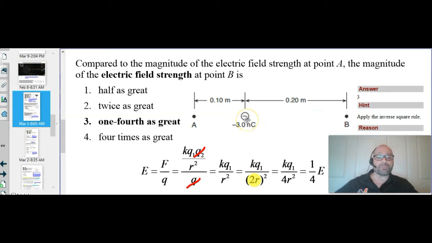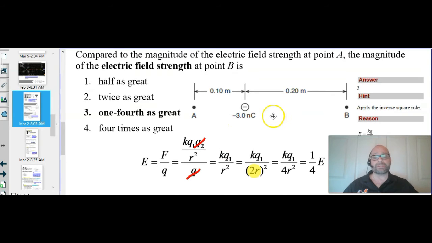So the strength of the field depends on the distance, really the inverse square. So what we have is 0.1 to the left and 0.2 to the right. 0.2 is double the distance away. So what they've done in a problem like this, instead of having all the charges on the same side of the source charge, they're putting some charges to the left and some to the right.